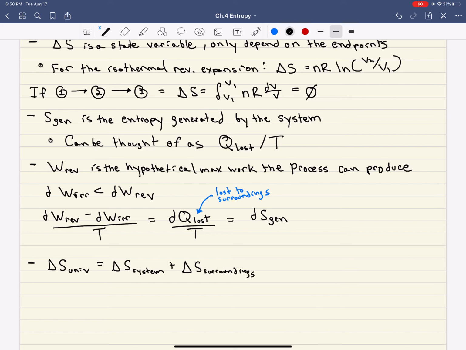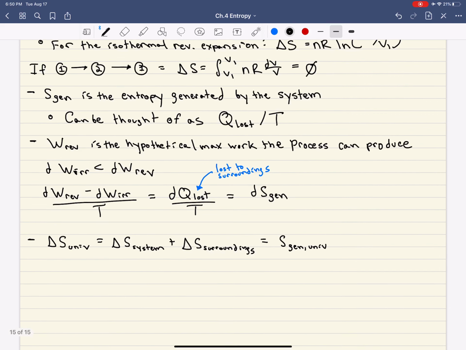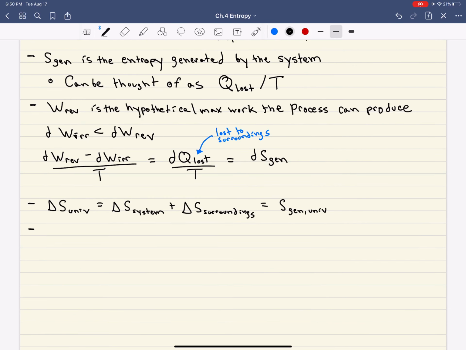If we account for both the system and the surroundings, the way to think about this is: what is the entropy generated within the universe? The reason I put it like that is because S-gen and S-gen of the universe can never be negative.